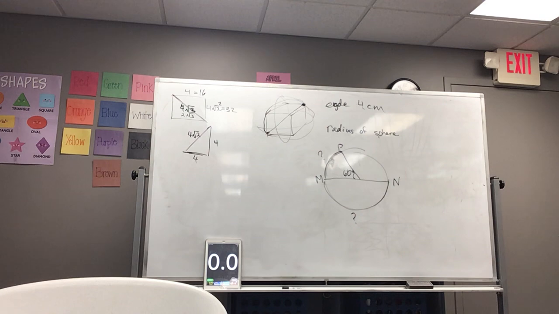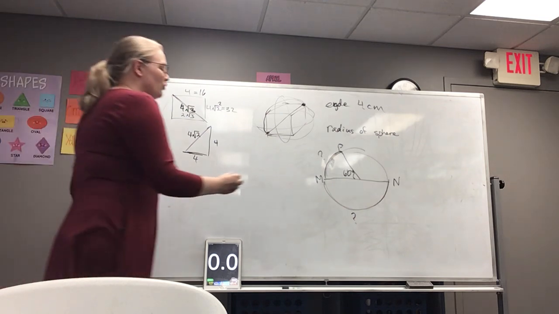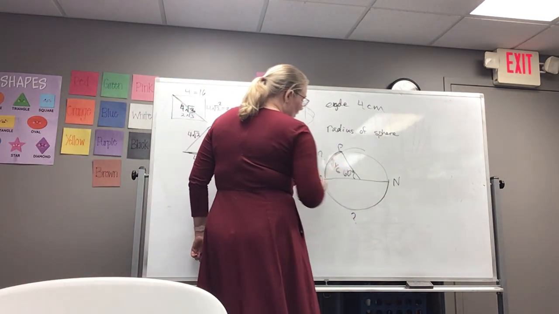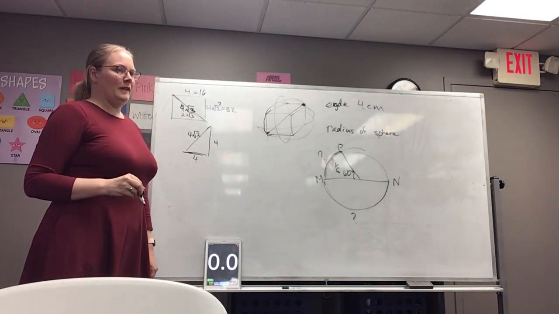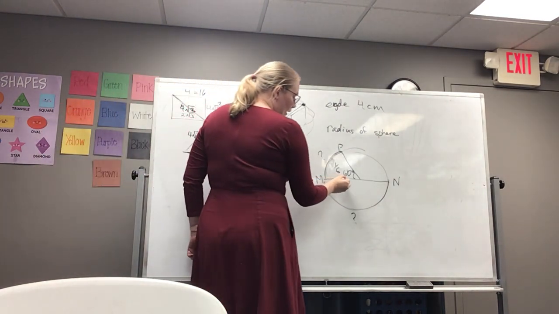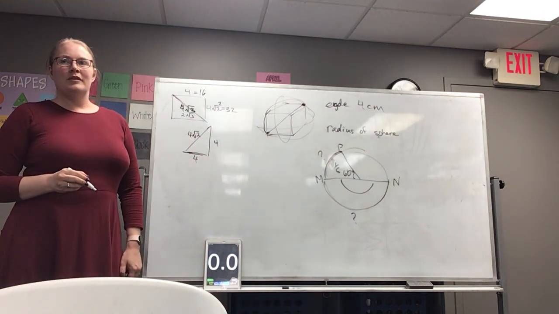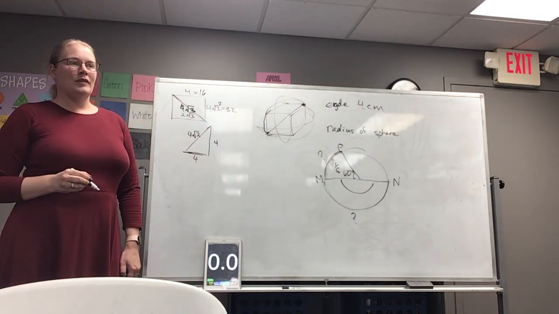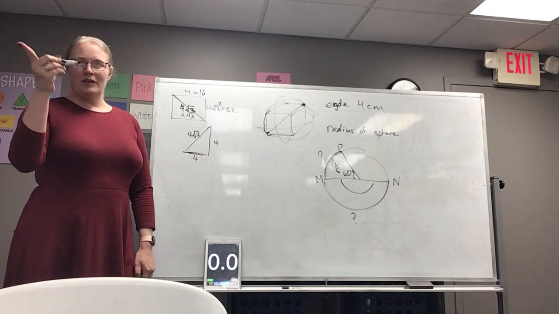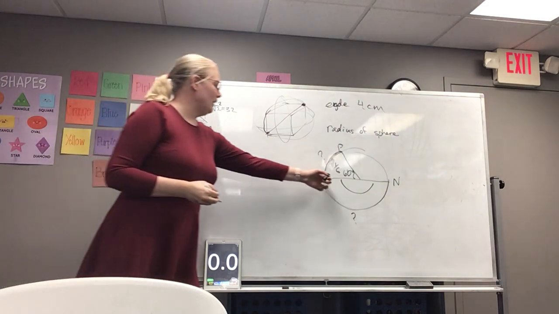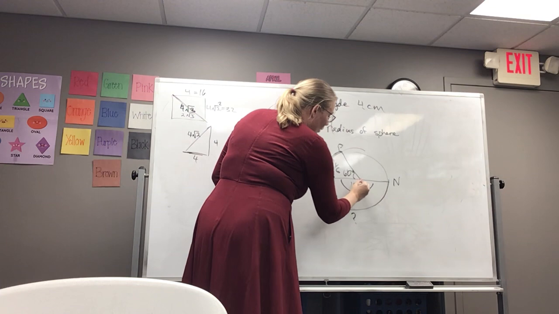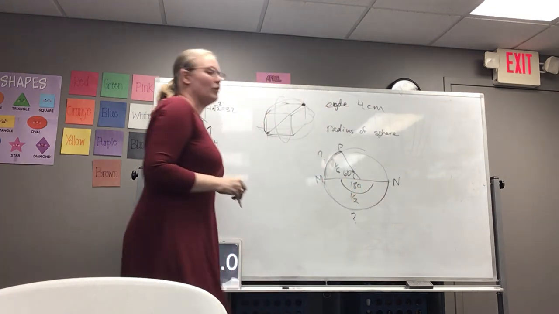So the first question, how many 60s are there in a complete circle? 6. So this is just 1/6 of the circle. How much of the circle is the diameter? 3. 3 sixties, yeah, but it's 180 or 1/2 of the circle.